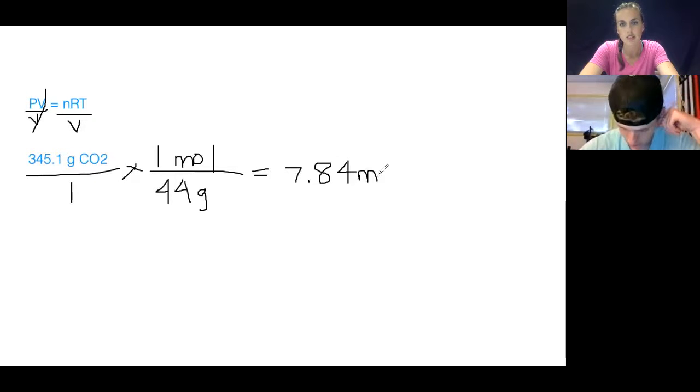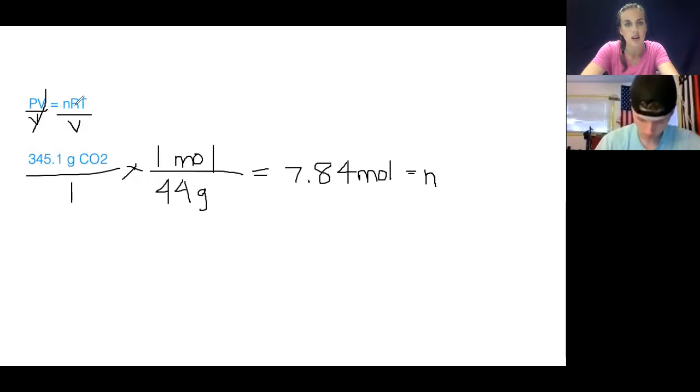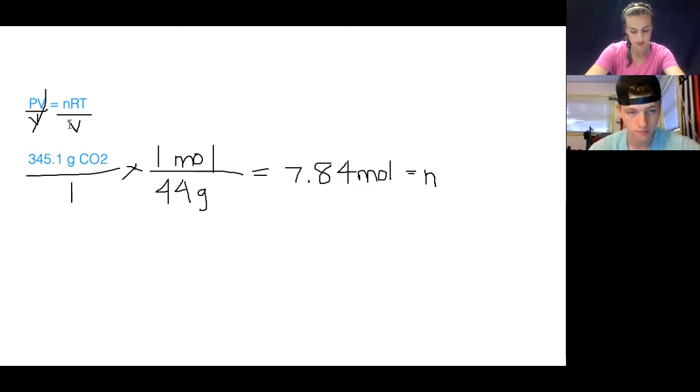So now I have N, this is N right here, the number of moles. And R is that constant. And then the temperature they gave me was in Celsius, so I got to convert that. 20 degrees Celsius, so it's 293 Kelvin. 293? Okay. 0.15? Yeah. Okay. And then volume was 32.1.